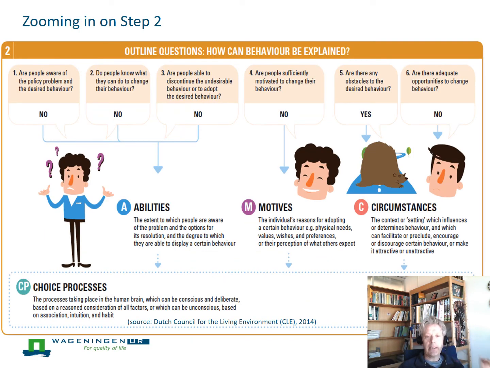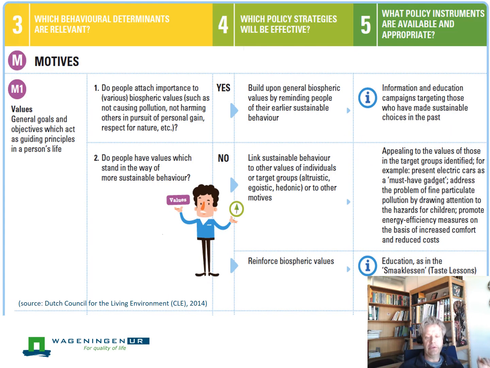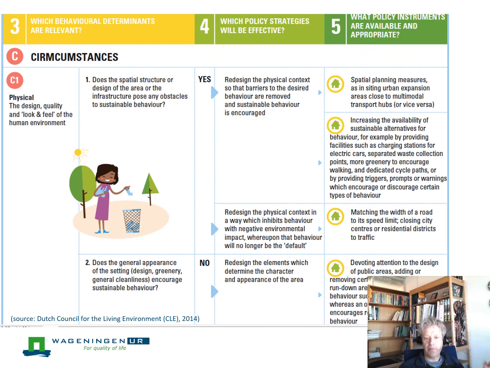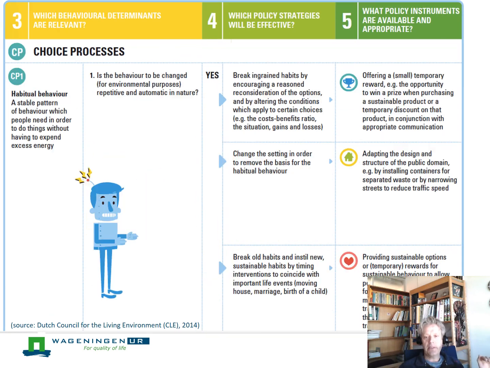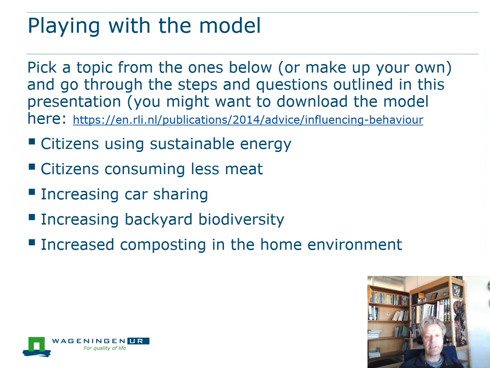Now, I'm not going to get into the details of all these steps. I'm just going to show you very quickly that in the document of the Council, you will find examples and also how to use these different aspects of the model. I encourage you to go there to have a look for some of the examples that are explained in the document, and I think you will have quite a comprehensive view of how the model works.